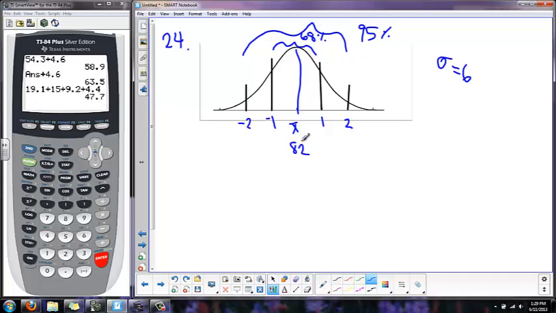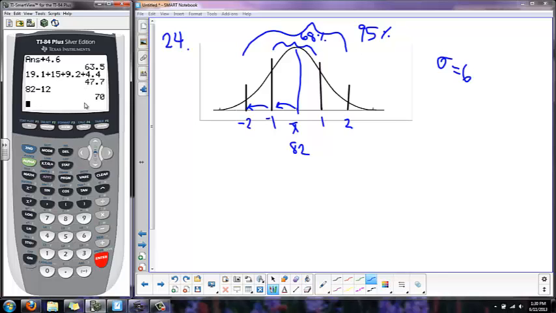It just wants to know what the score is right here at -2 and what the score is right here at +2. So all you're going to do is use your standard deviation. You're going to start at 82 and you're going to go backwards and subtract 6, and then you're going to subtract 6 again. So you might as well just subtract 12 from the beginning. 82 minus 12 lands me at a 70.